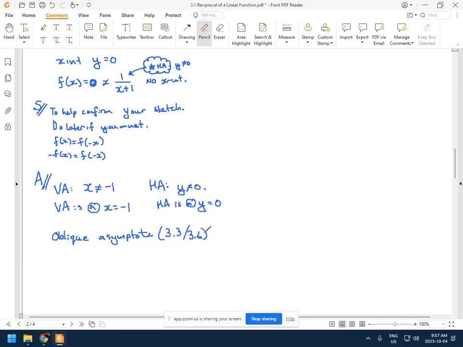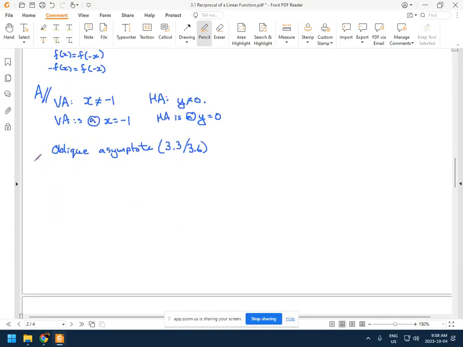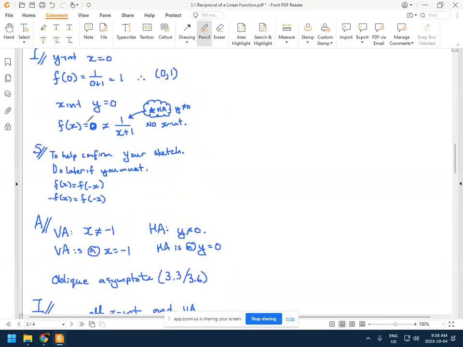Lastly, intervals. I'm going to do the chart, the interval method. And here, you've seen it already. All x-intercepts and vertical asymptotes, remember? What are the x-intercepts? There is no x-intercept.